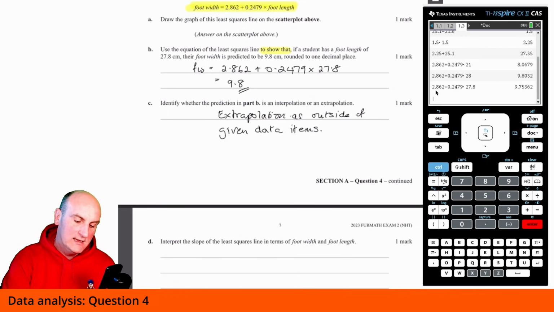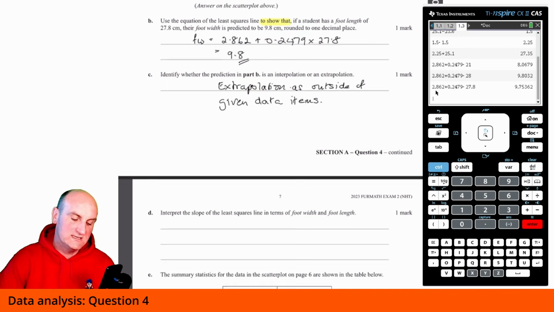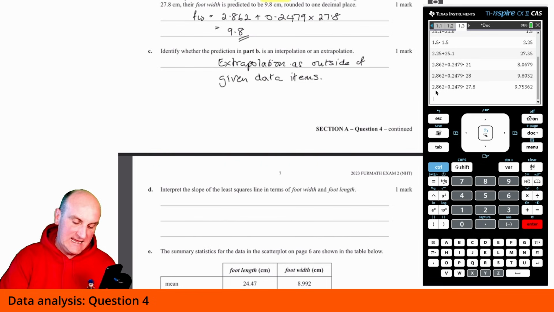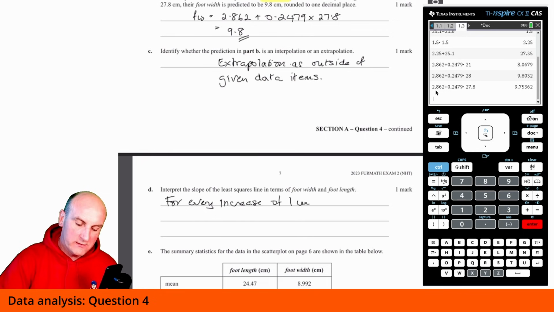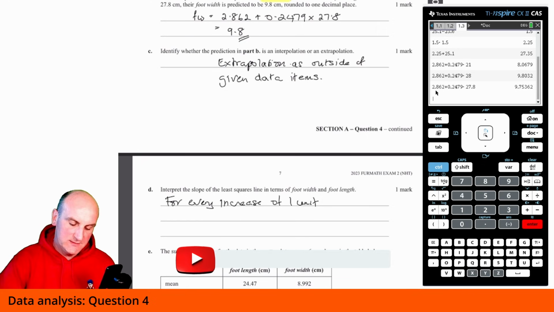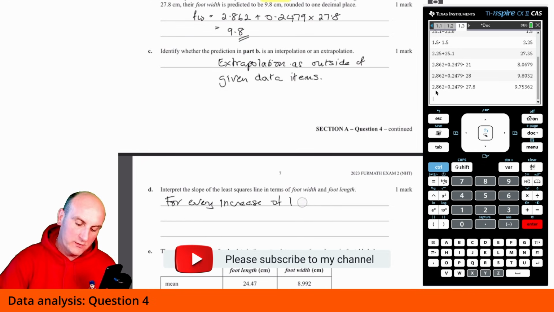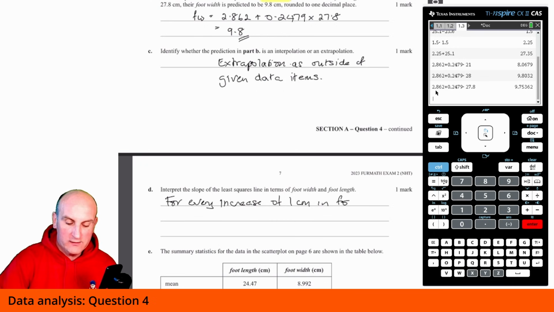And that number here is going to be 0.2479. So what it says is, for every increase of 1 unit, now we actually know the unit, centimeter.